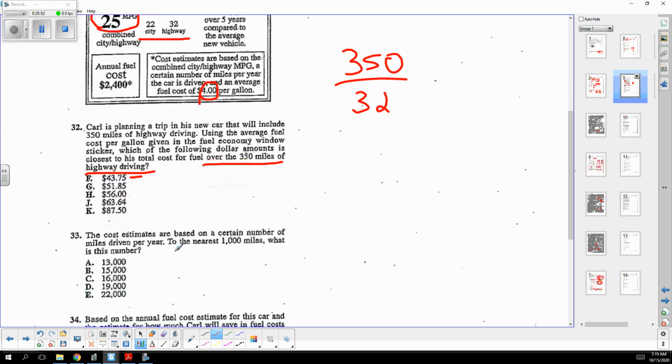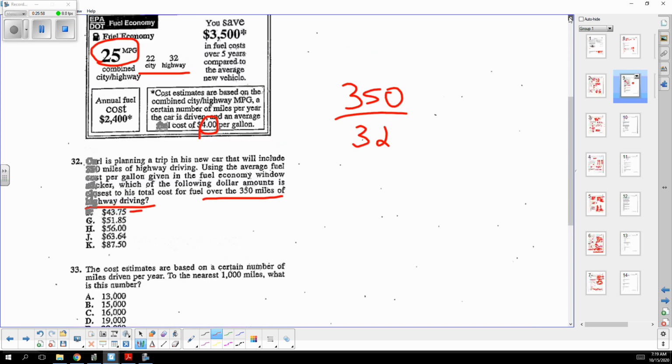Based on the number of miles driven per year. So the way I look at it is, based on 1,000 miles, you're going to spend $2,400 as your fuel cost at $4 a gallon.